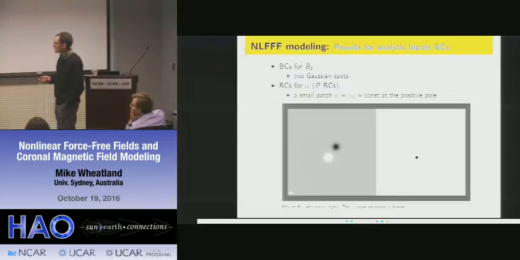For the magnetic field, I've got these little Gaussian spots, a little region where the field's coming out, and a little region where the field's going back in. And then I've specified a small region at the center of this spot where alpha is non-zero, with some value alpha naught. So this is a very simple current-carrying bipole configuration that I'd like to solve for.